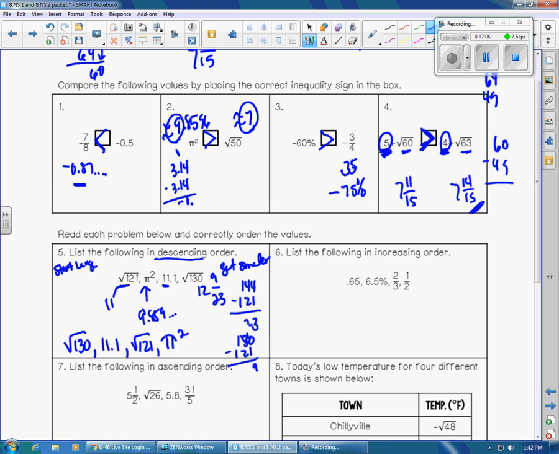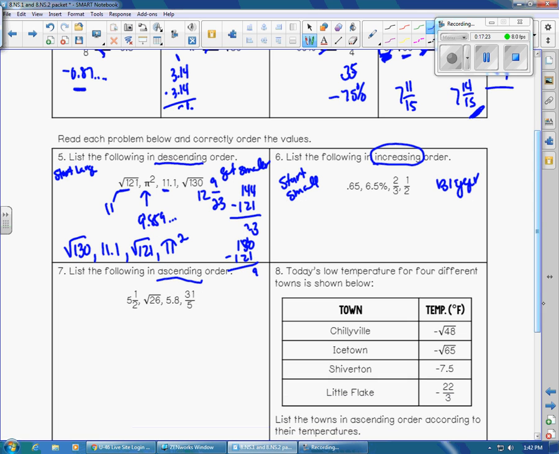Just watch the words. Here we've got increasing order. So you're going to start small, get bigger. Ascending, again, that's small to large.